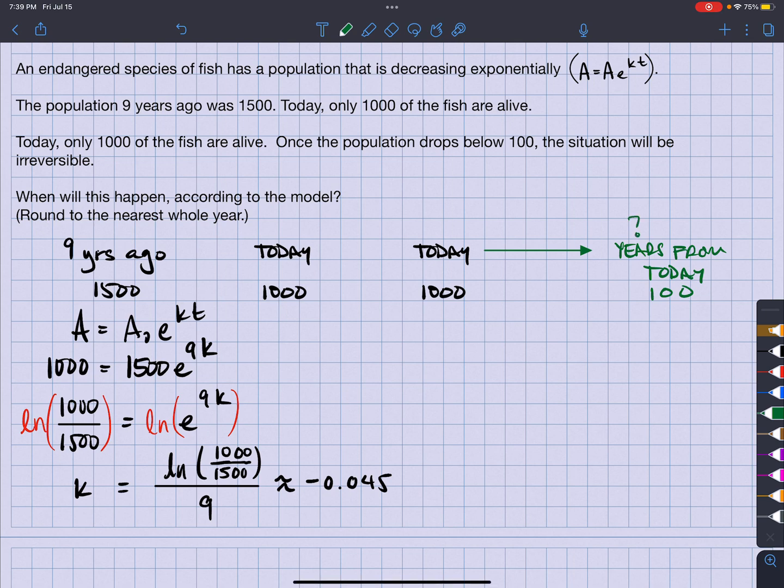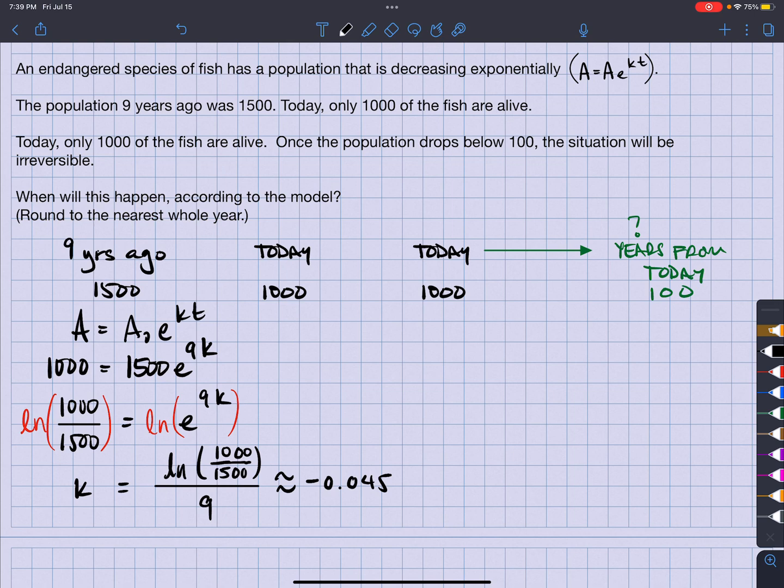So I'm going to have to use this formula again, but now that I know how it's decaying. Let's assume it's going to keep on decaying at the same rate, since clearly we haven't done anything the last 9 years. What if it keeps on going this way? Can we fix this problem? How many years do I have to try to fix this problem?